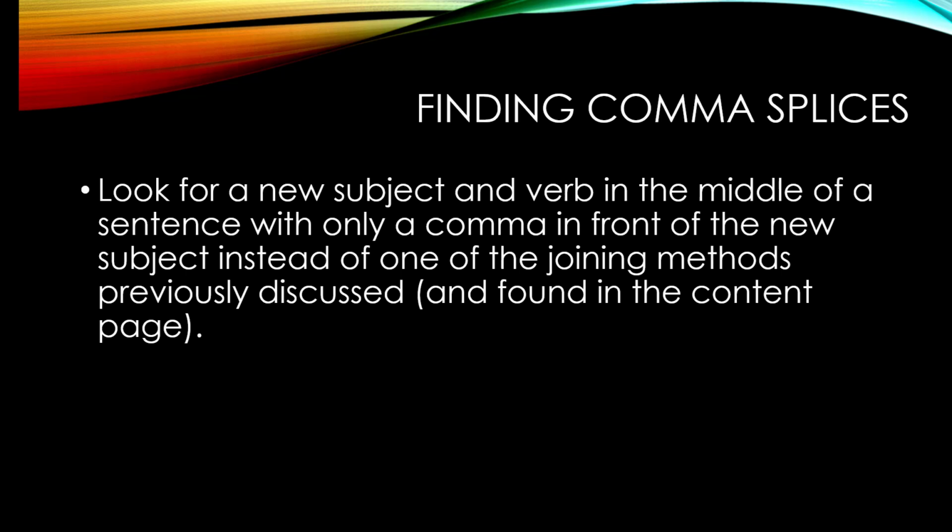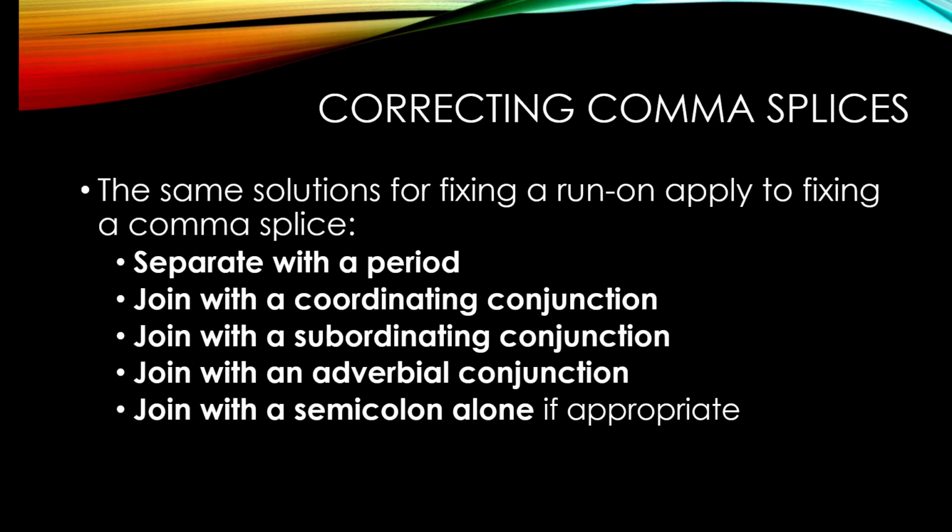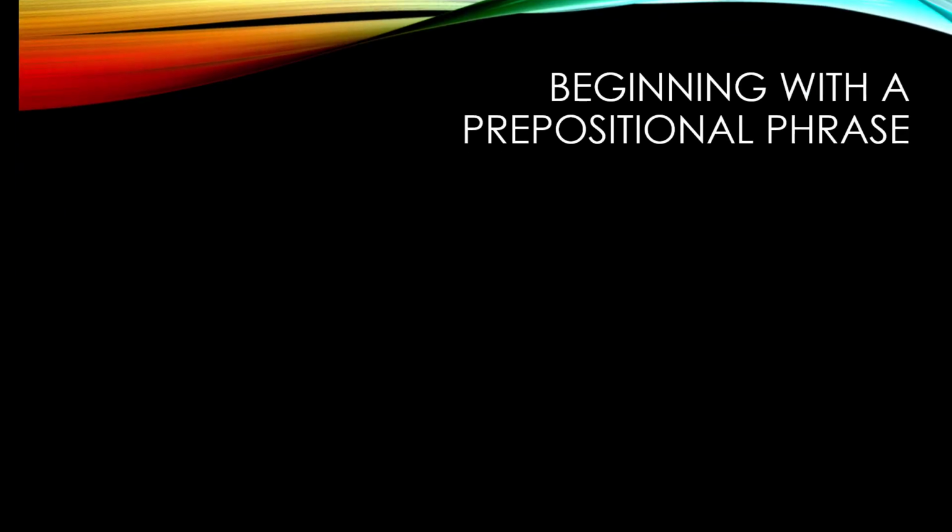Only if a comma is followed by a new subject, verb, complete thought. The solutions are exactly the same. Separate with a period, join with a coordinating conjunction, join with a subordinating conjunction, join with an adverbial conjunction, join with a semicolon alone if it's appropriate.